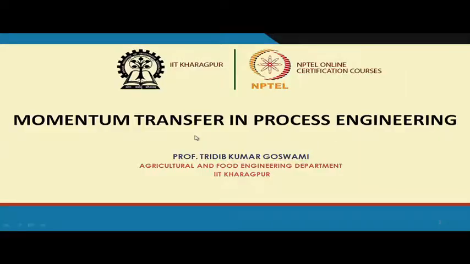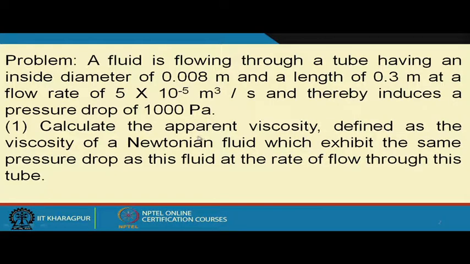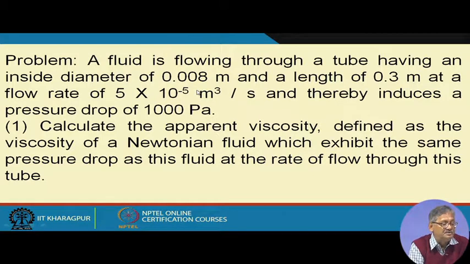So, let us look into this problem that a fluid is flowing through a tube having an inside diameter of 0.008 meter and a length of 0.3 meter at a flow rate of 5 into 10 to the minus 5 meter cube per second, and thereby induces a pressure drop of 1000 Pascal.